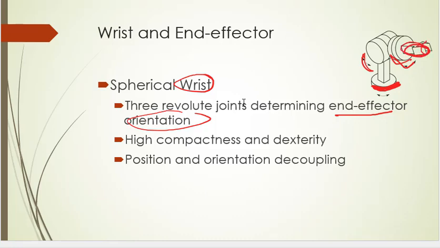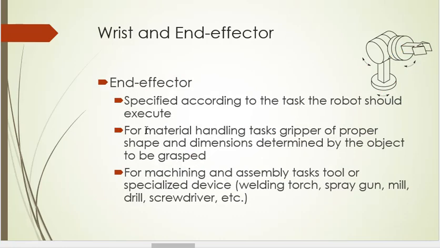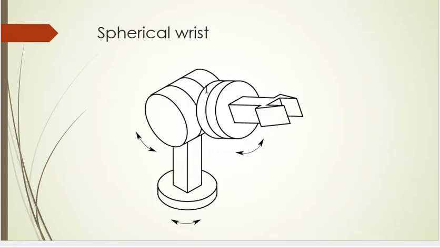The end effector determines the orientation, with high compactness and dexterity. If you want to understand more, you can read this, and the spherical wrist.